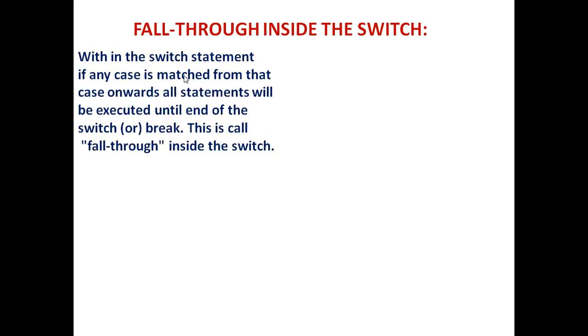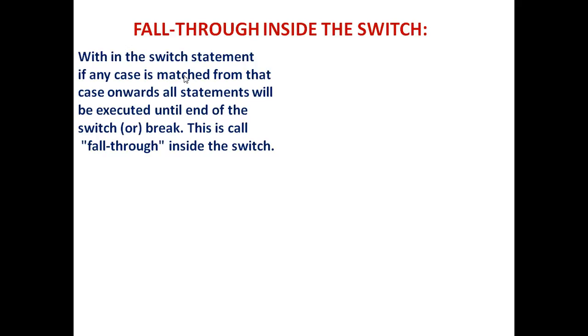We have discussed this, but I will elaborate a little more on this execution because this is important, right? Within the switch statement, if any case is matched, from that case onwards all statements will be executed until the end of the switch. If the switch ends, it will come out, or a break comes in.